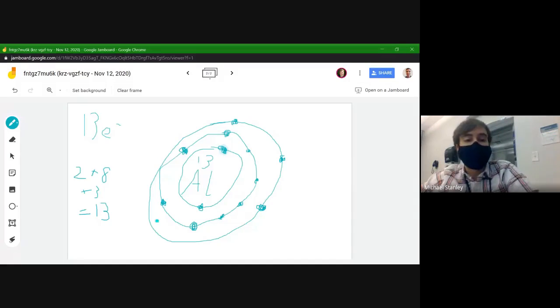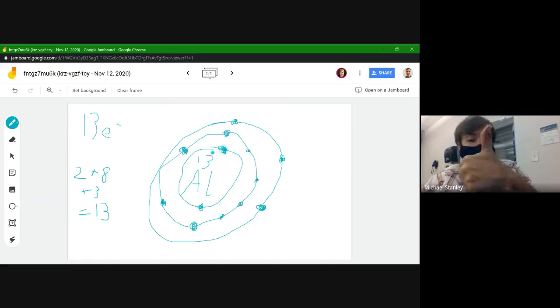So in this one, we did have to go out to that third shell because we filled up our first shell and we filled up our second shell, but we still had some electrons left over. So we had to go out to shell number 3. So that is sort of the basic game plan for if you ever want to go in and figure out the electron shells.